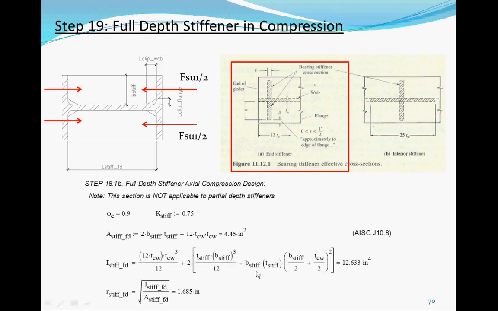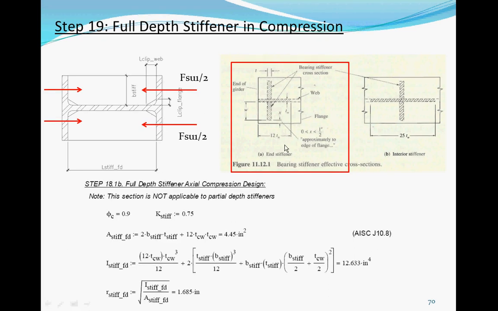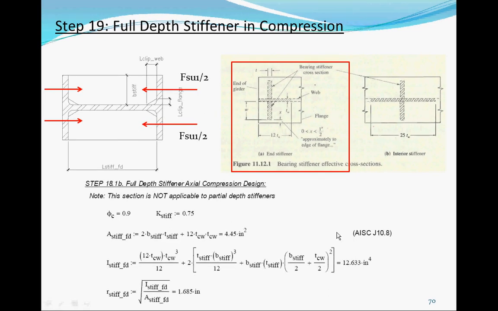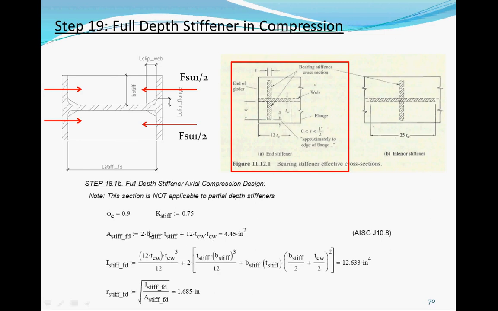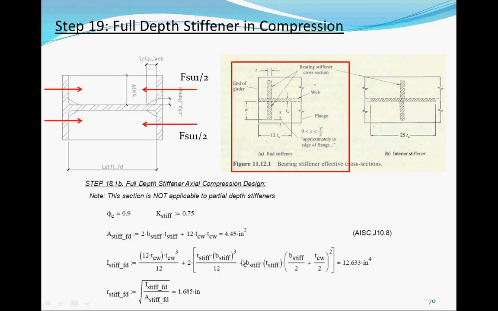Okay, so for ours, that's why it looks a little complicated. This is the stiffener area. 12 TCW is, we're assuming, at an end condition because we're near the top, so that's the area. That's for J10. So we get an area of a stiffener. Now you take the I of the stiffener, and then RD of the stiffener.